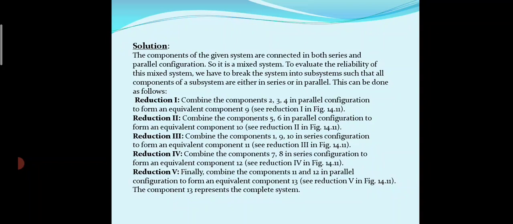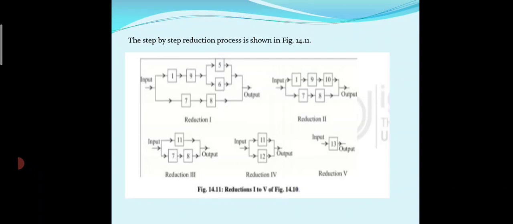The last reduction is to combine components 11 and 12 in parallel configuration to form an equivalent component 13. Component 13 represents the complete system. The step-by-step reduction process is shown in this figure: first reduction, second, third, fourth and fifth reduction.